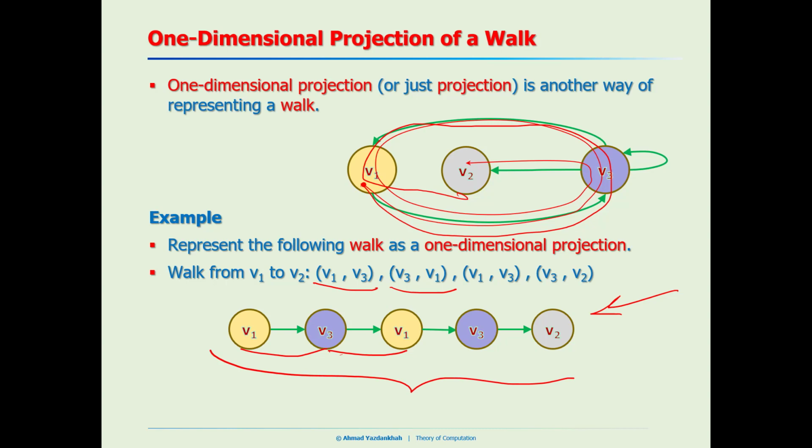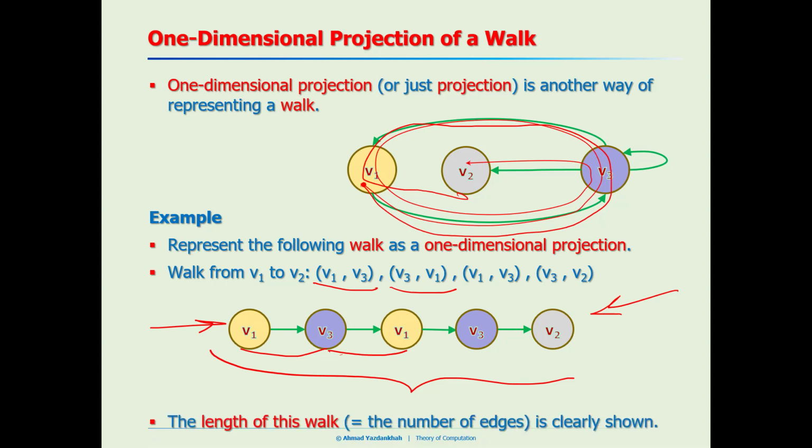At this point, I don't have any application for this. The only thing I can say is that sometimes it is easier to understand and study when we show a walk like this. But later we will see how we can use this one-dimensional projection.